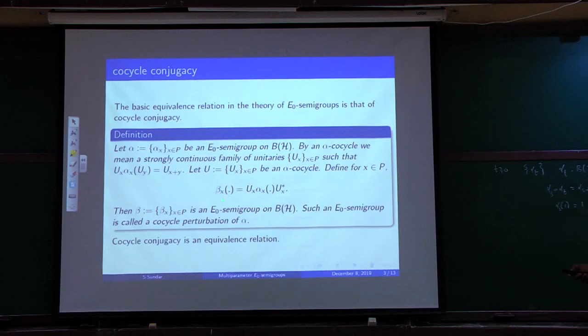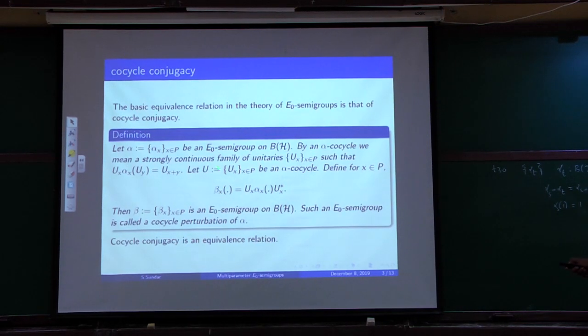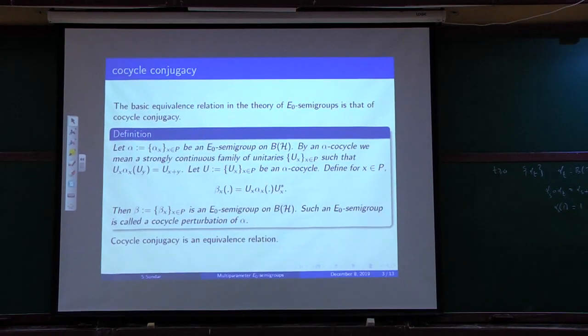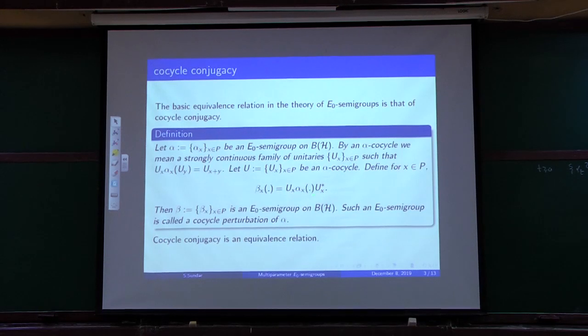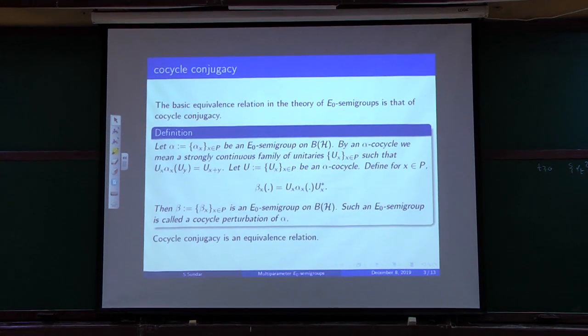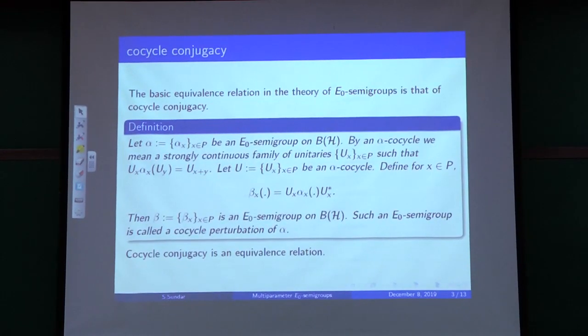If this is the case, then beta x also will be an E0 semigroup, and we will not distinguish between alpha and beta. So we say that alpha and beta are cocycle conjugate if there is a cocycle which intertwines alpha x and beta x. Such an E0 semigroup is called a cocycle perturbation of alpha, and the subject of E0 semigroups is to study E0 semigroups up to cocycle conjugacy.